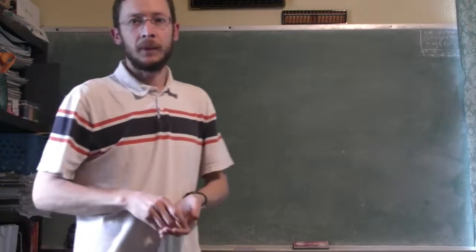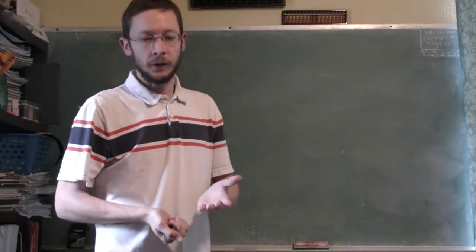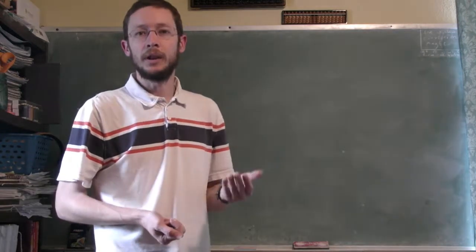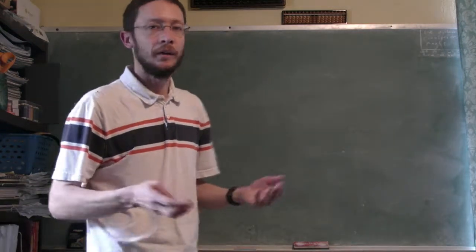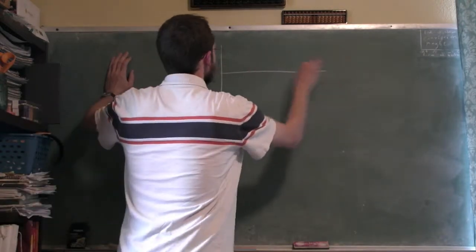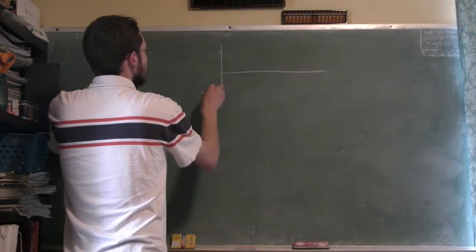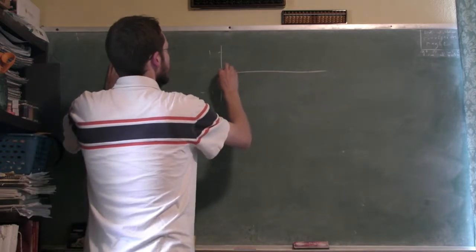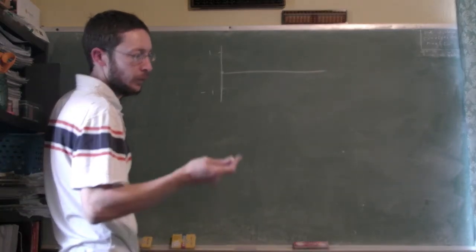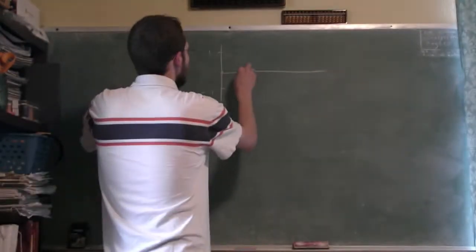So if you think about sine and cosine, they have a couple key points, and if you know those key points, then you know the whole graph, right? So let's look at sine. The key points on sine occur at 0, pi over 2, pi, 3 pi over 2, and 2 pi.